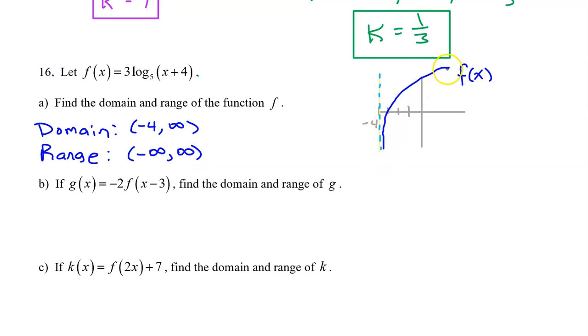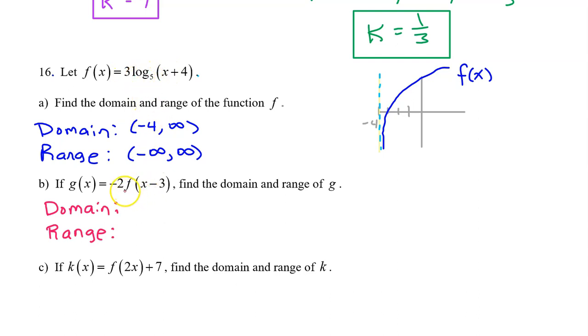Part B, if g of x equals -2 times f of x minus 3, find the domain and range of g. So g of x is just a transformation of the original function f.